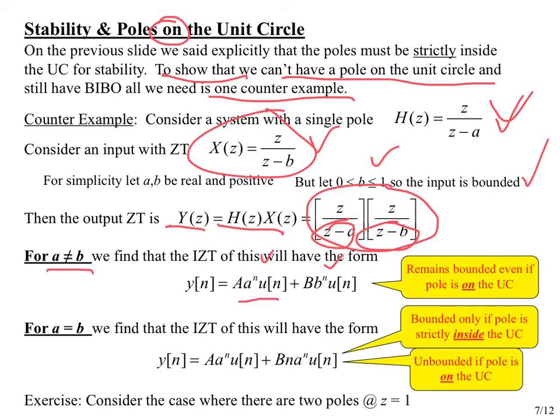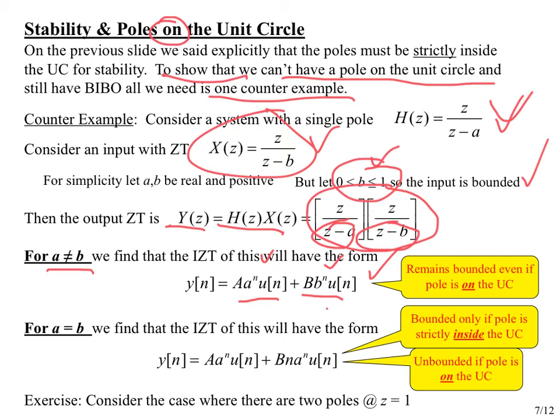We'll get capital A times u of n. As long as the input is bounded, which would be the case if, as we've said, b is less than or equal to 1. So for a pole on the unit circle, both of those terms will remain bounded. So that's fine.